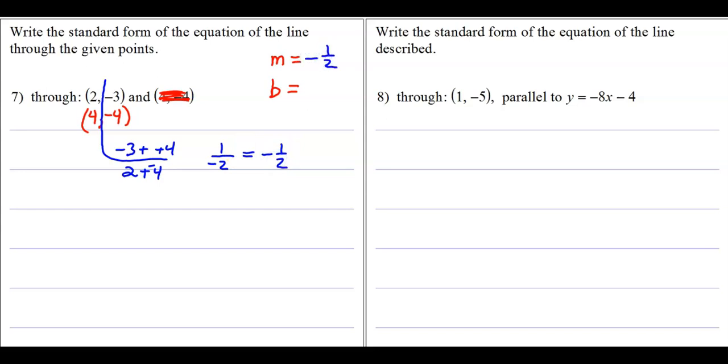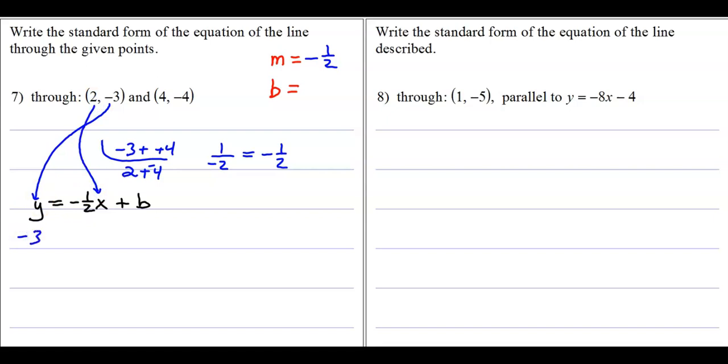So let's now use a point. I have my starter equation, y equals -1/2 x plus b. I can choose whatever point I want between these two. Neither of them looks much better than the other, so I'm just going to take this first one and jam that in.